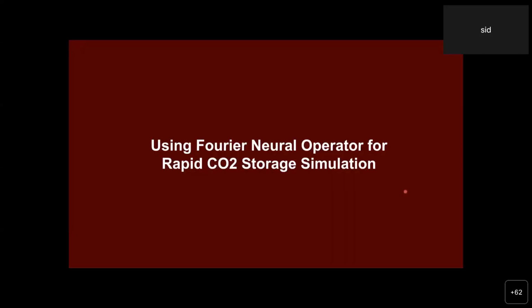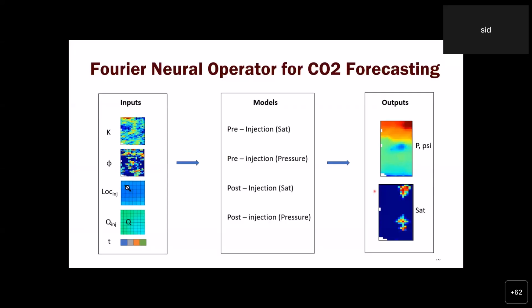So with that introduction of Fourier neural operator, let me give you a quick overview of what we want to achieve using Fourier neural operator. We want to rapidly simulate the CO2 storage in a subsurface. So for this work, we have a set of input coefficients.